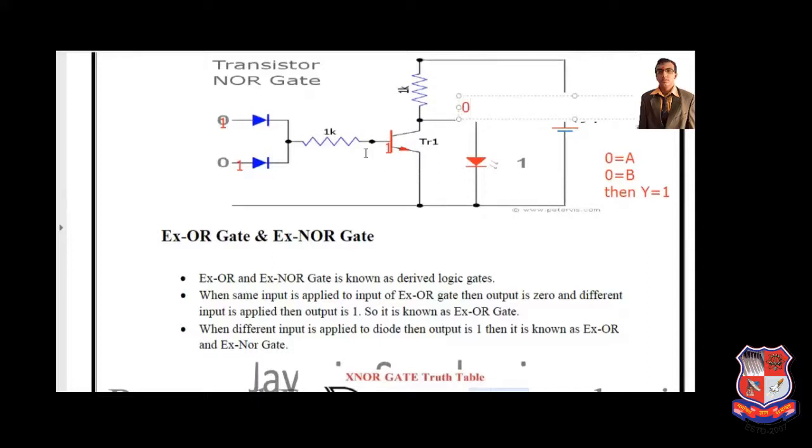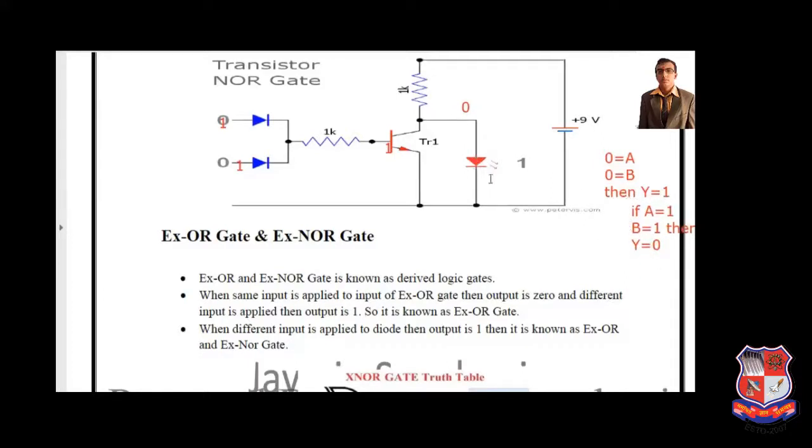Because base and collector are opposite to each other. Simply remember this. So if here is 0, the LED will turn on, otherwise the LED will not be able to turn on. Here voltage is 0. That's why if A equal to 1, B equal to 1, then Y equal to 0.